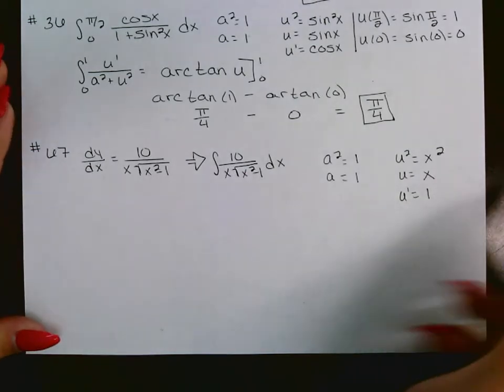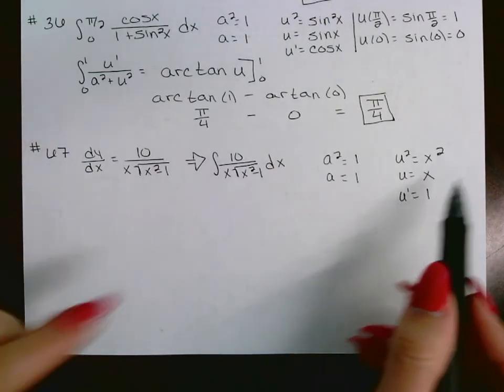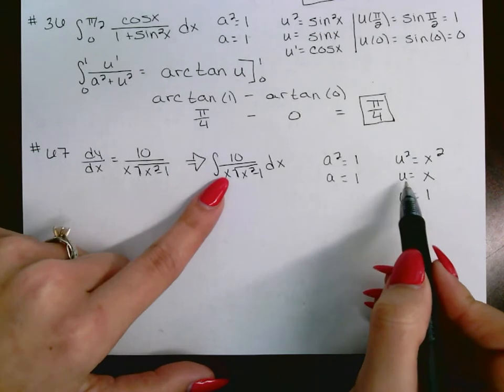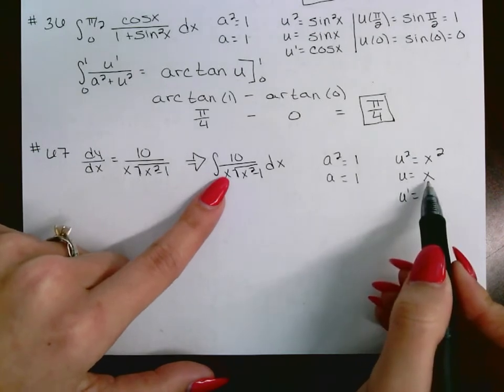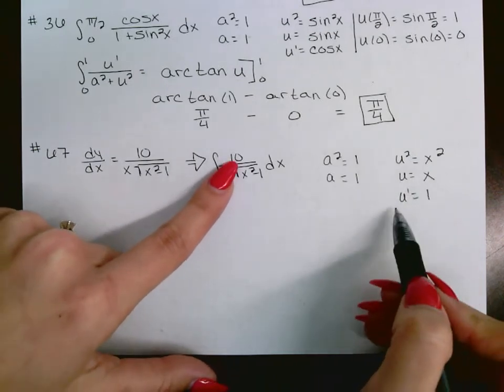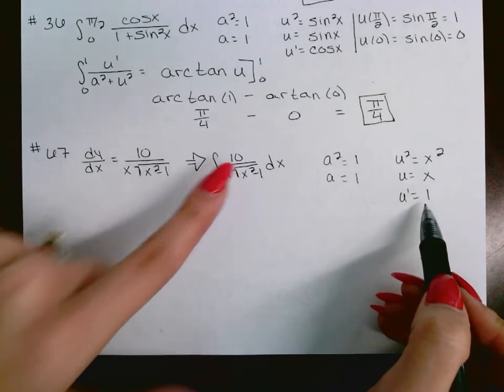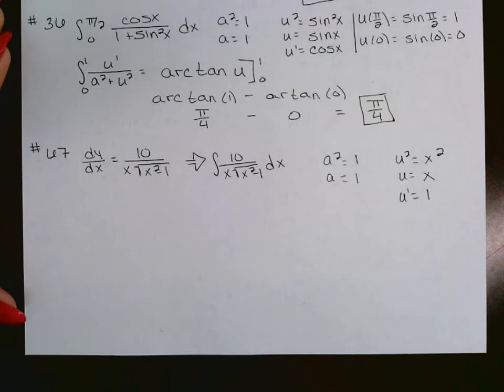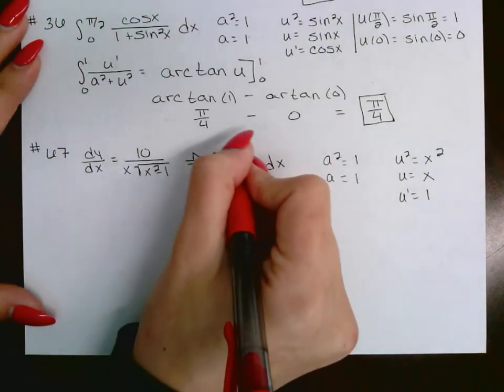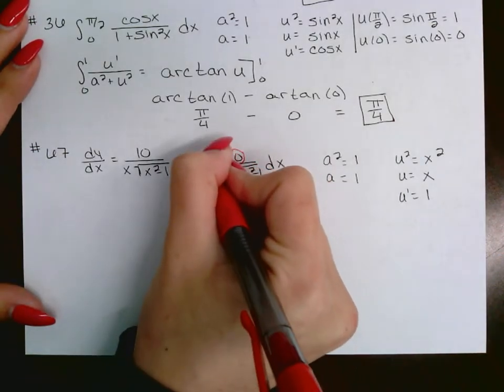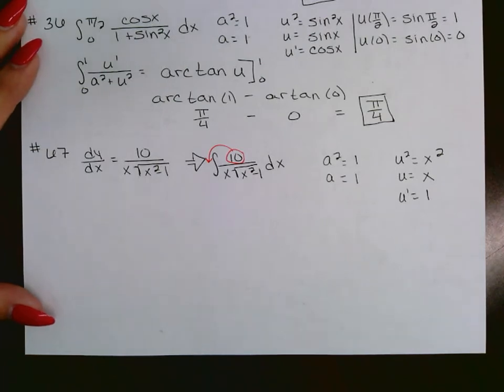Okay? So, let's check if anything is missing. My u in the formula should just be x. That's fine. I'm not missing anything down there. And my u prime should be a 1. What do I do if I have something extra? Right, I'm allowed to take that 10 out to the front. So if I divide out a 10, now I have a 1 in the numerator. Okay?